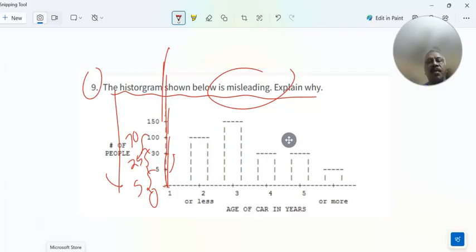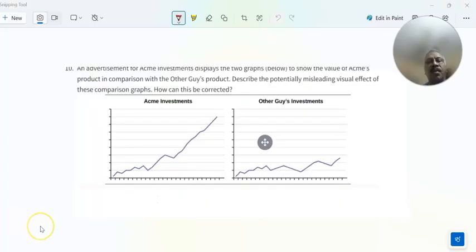I always say this is not good because the y-axis is not calibrated well. Even though this distance looks the same, the widths are different. So we can't use that.